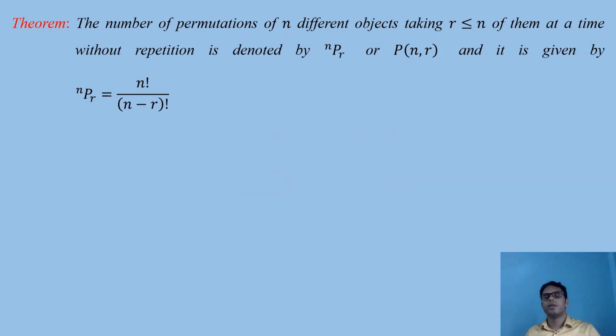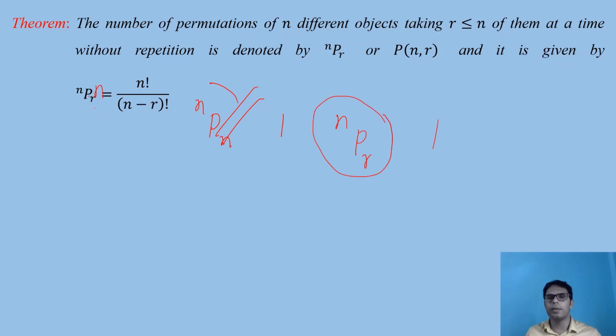When you take r objects from n objects, the notation is nPr, or you may write P(n, r). This is also the symbol of permutation. Here n is the number of objects provided to you and r is the number of objects you are selecting at a time.